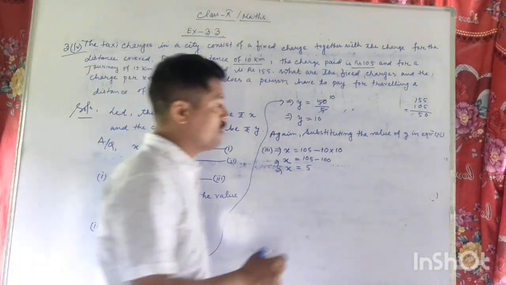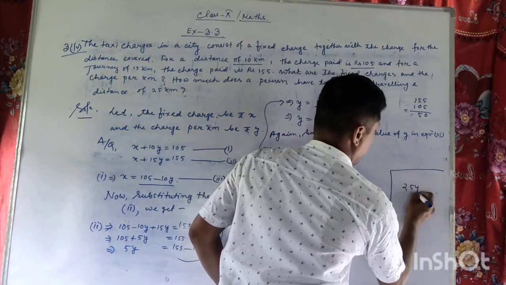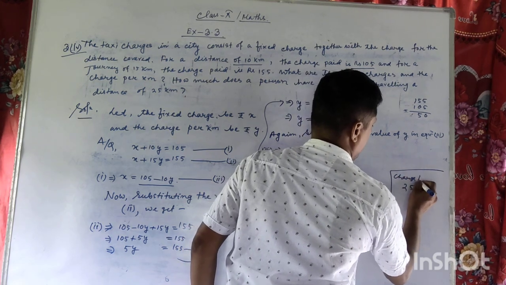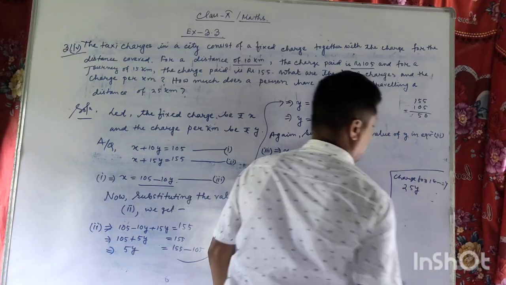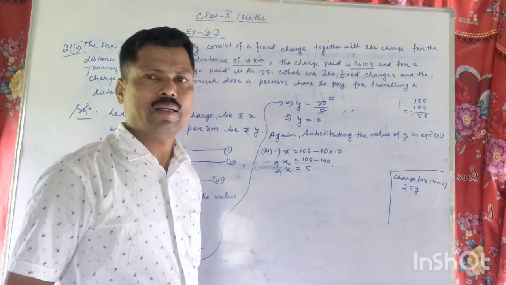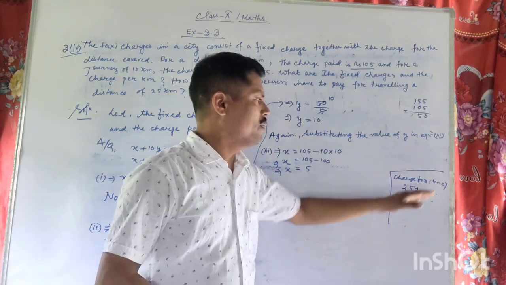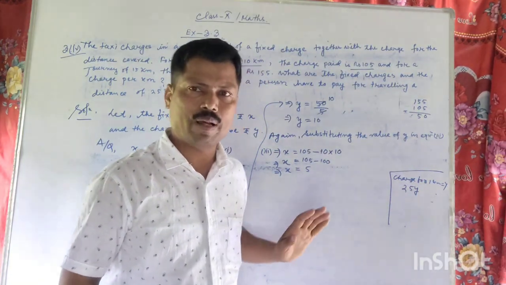So the surge for 25 km will be what? 25 y, because the surge for 1 km is y, that is the per kilometer y surge. Therefore, for 25 km the surge will be 25 y.